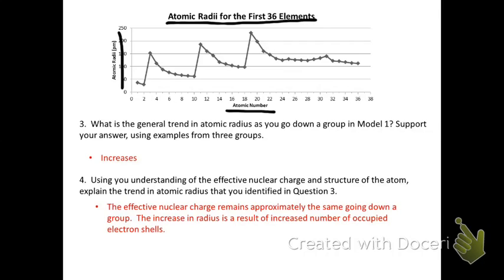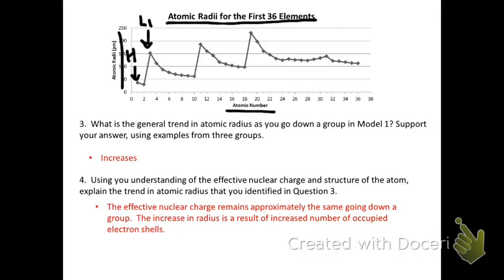Alright, so let's look at question 3. It says, what is the general trend in atomic radii as you go down a group in Model 1, which is represented by the graph? Support your answer using 3 groups. If you look closely here, you will find that hydrogen is right here, and then after hydrogen is lithium.